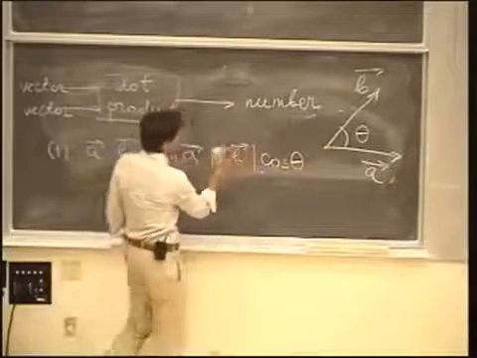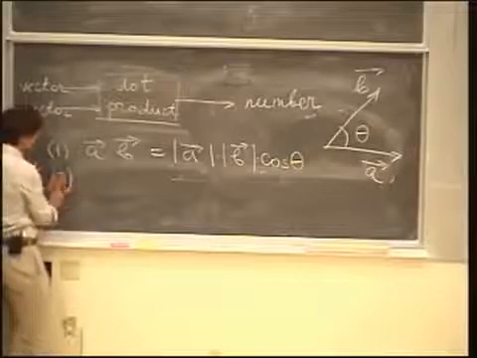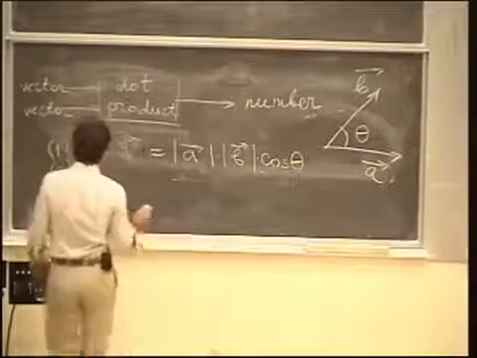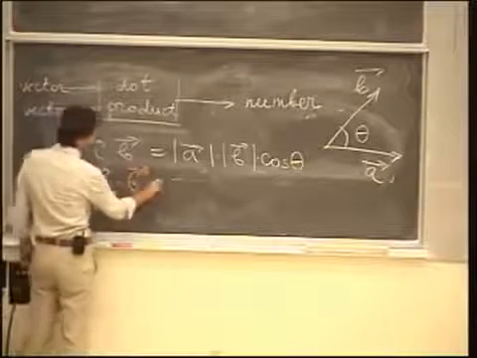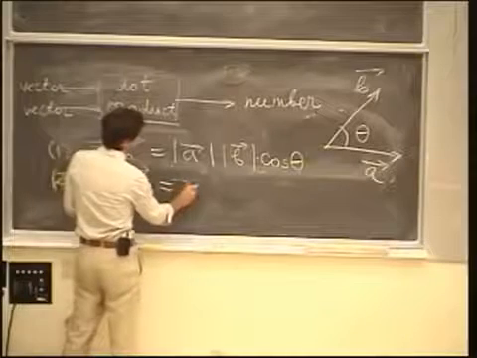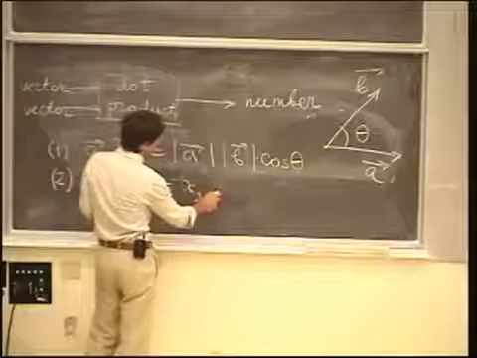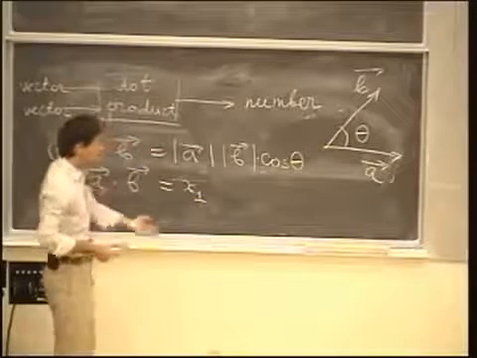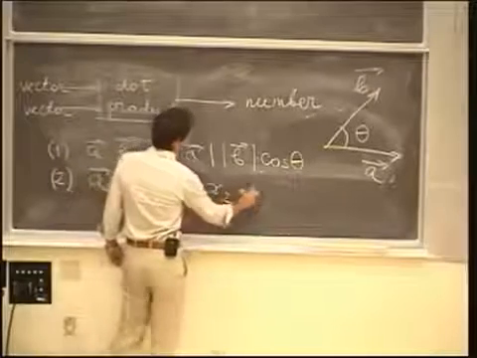So it's just the product of these three numbers. But there is also a second way, which is very convenient in calculations, which is defined in terms of the components of the vectors. And those components will be called x, y, and z. So I put index 1 for the components of the first vector and index 2 for the components of the second vector. So the formula looks like this.